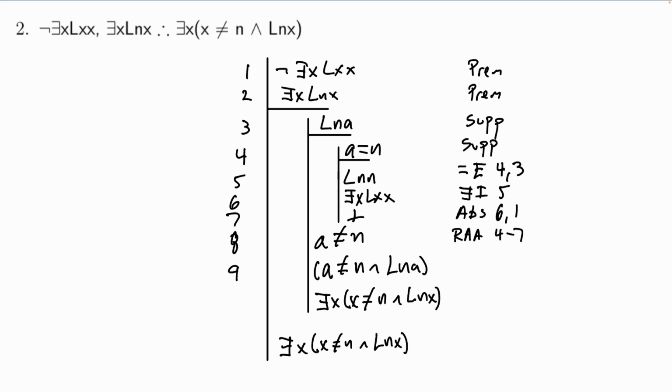And now we conjoin lines 8 and 3 and use existential introduction to get from line 9 to 10. And finally, having derived this formula here, we can use existential elimination to bring it back out here.